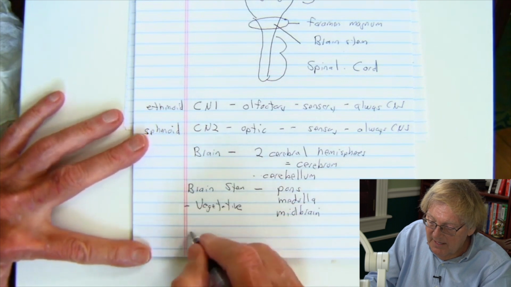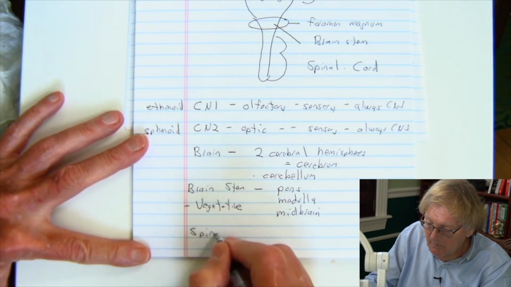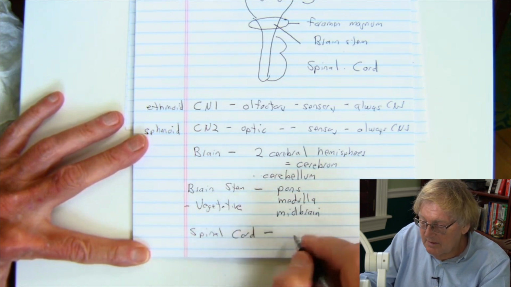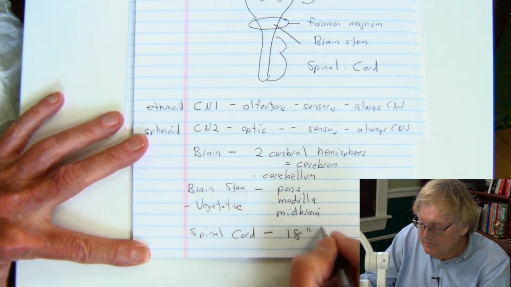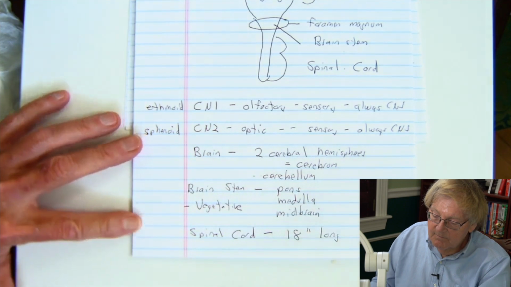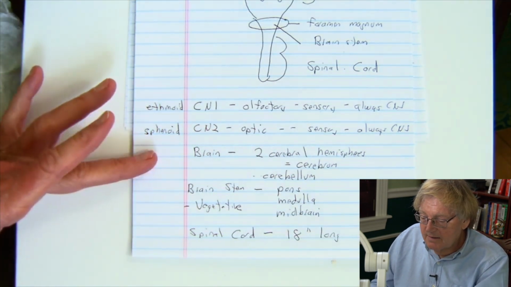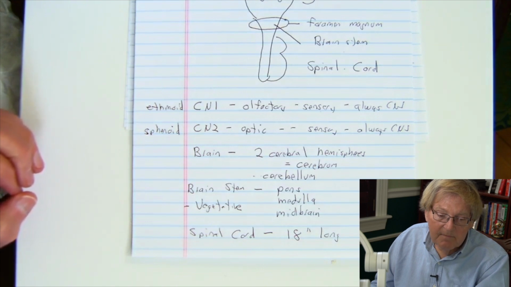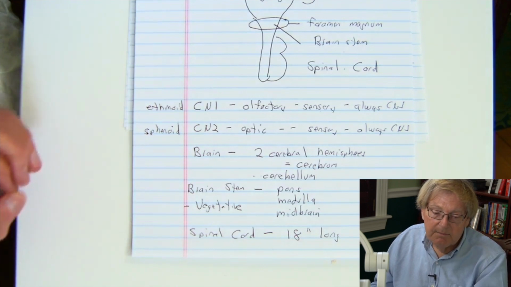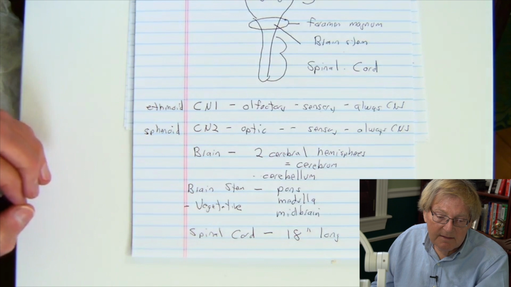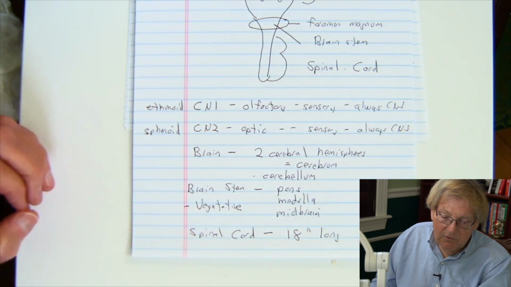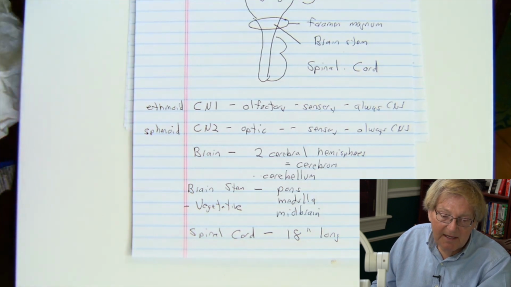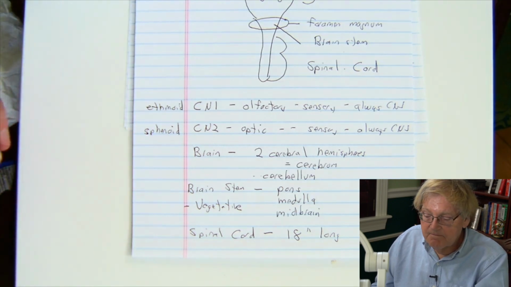And then finally we have the spinal cord. Always think of the spinal cord as approximately 18 inches long. So again, brain, two cerebral hemispheres making up the cerebrum, brain stem comprised of the pons, medulla, midbrain, and then the spinal cord approximately 18 inches long. That was what would be considered my central nervous system.